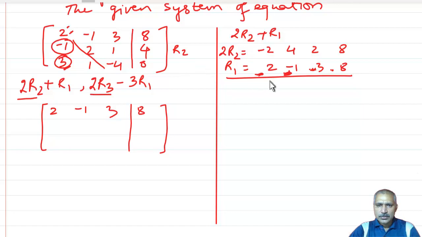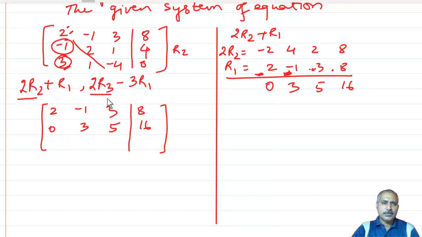Minus 2 and plus 2 become 0. 4 minus 1 is 3, 2 plus 3 is 5, and 8 plus 8 is 16. So we write 0, 3, 5 and 16.